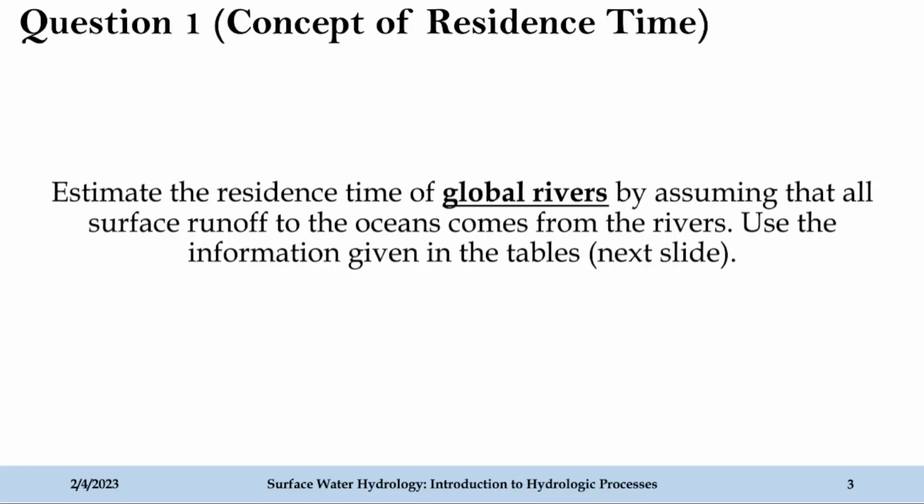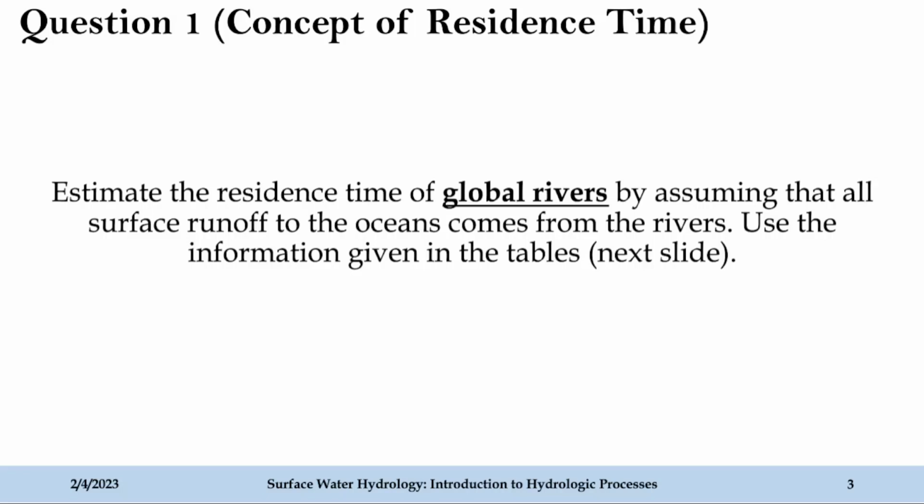Estimate the residence time of global rivers by assuming that all surface runoff to the oceans comes from the rivers. Use the information given in the tables on the next slide. Here we need to find the residence time, and it has to be calculated for global rivers.